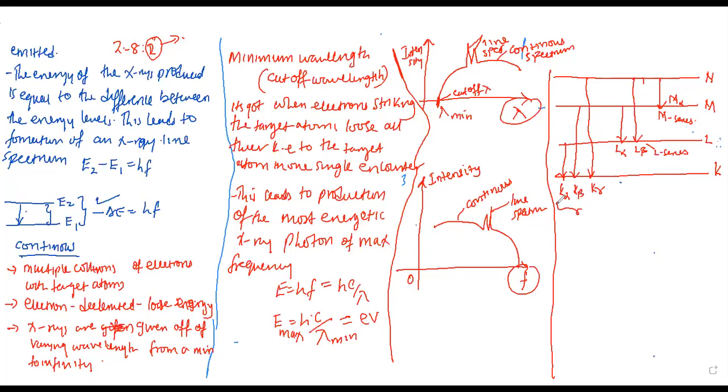Now these series are called the K series. These ones are called the L series, and these ones are called the M series. So if you go and illustrate this on the graph I've been looking at, a graph of wavelength against intensity.